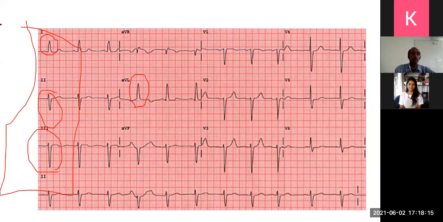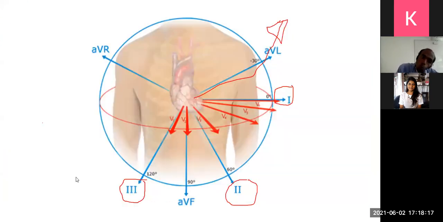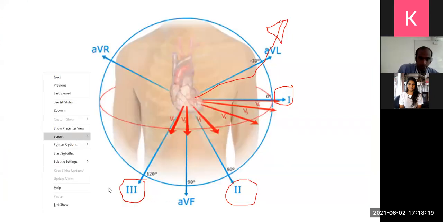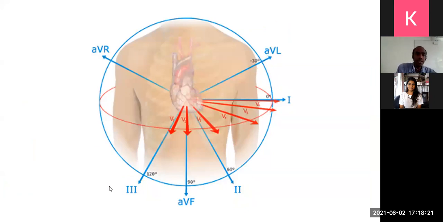Okay. Now the last one. What happens now if the axis is shifted this way? That is right axis deviation. And you can very clearly see that current is traveling towards 2.